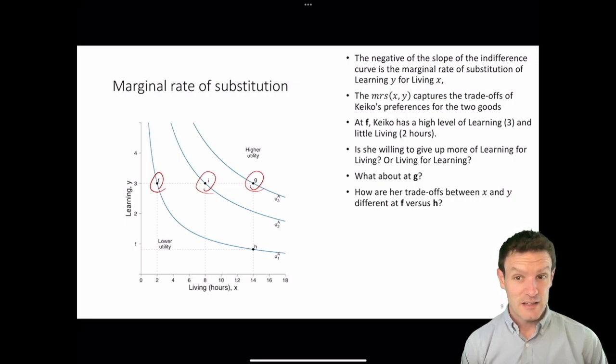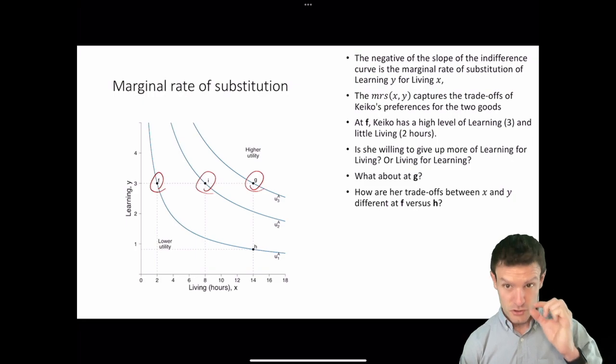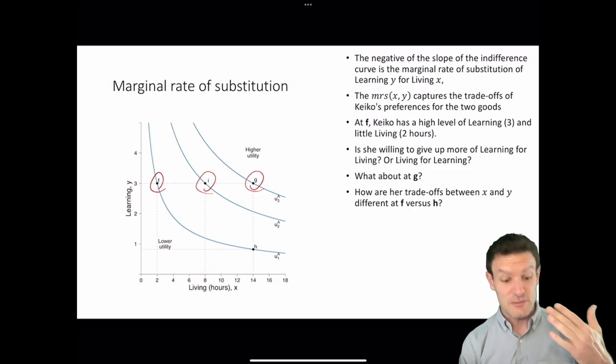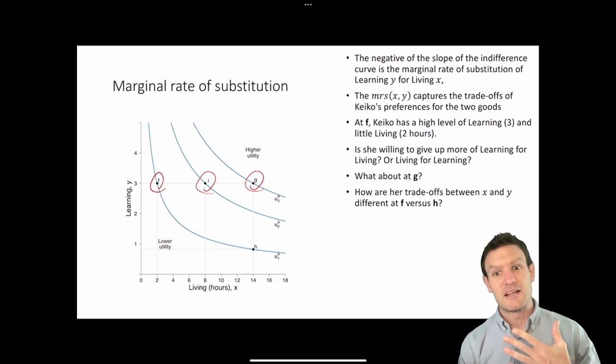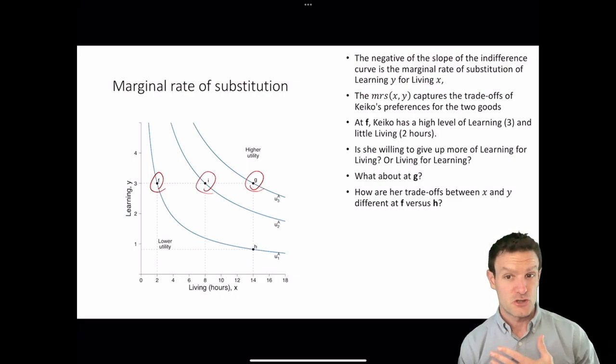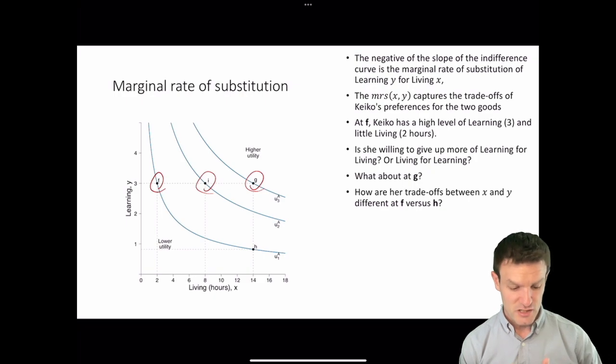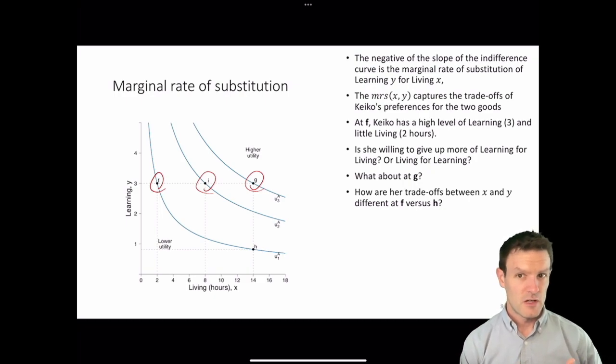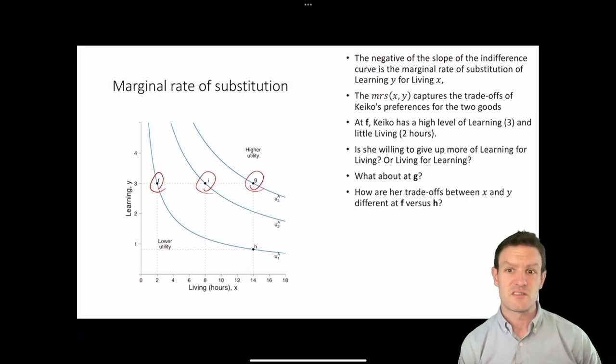At point I, her indifference curve is flatter, and so her marginal rate of substitution is lower. At point G, it's even flatter than at I, so her marginal rate of substitution is even lower at G than it was at I or F.